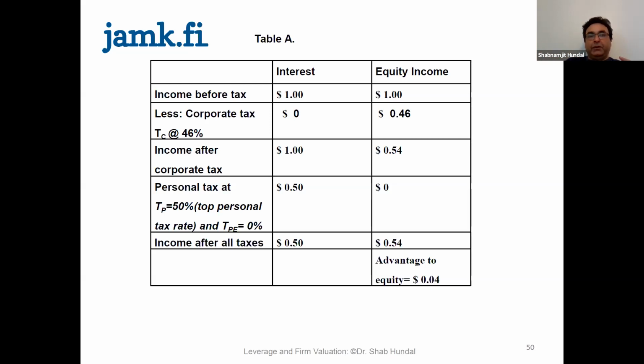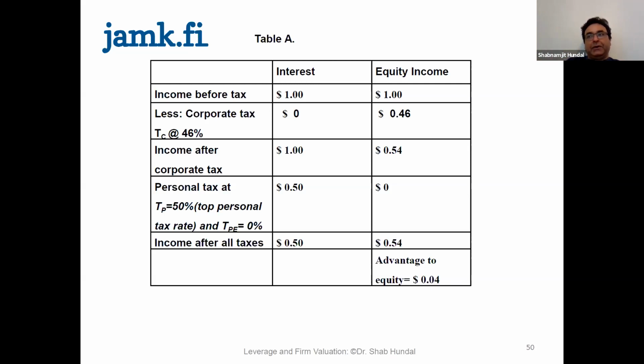Do you get my point? So we have two regimes, two hurdles of taxation. There is no corporate tax burden basically on interest income, but there is a tax burden at the end of the day, for which I use the symbol TP, the personal income tax.